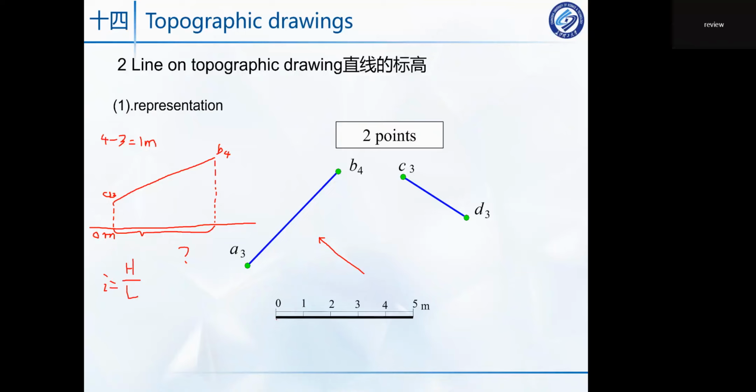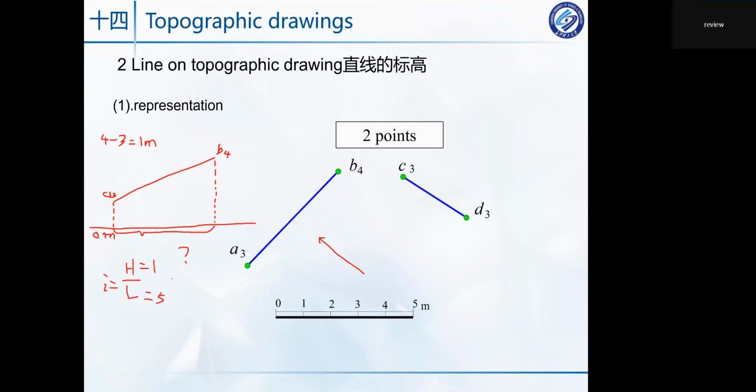So the next procedure is to use the scale ruler to measure the projection of this line. So now I can't move it, and I can't use a ruler on this screen. So I guess it is almost 5, and H is equal to 1.